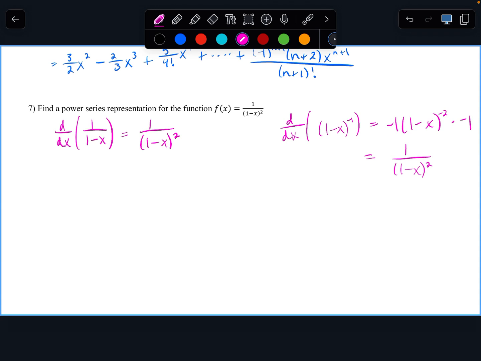And because you guys are next level smart, you can be like, oh, duh, the derivative of 1 over 1 minus x is that. So all I need to do is write the series for this and then just take the derivative. I just know to do that.